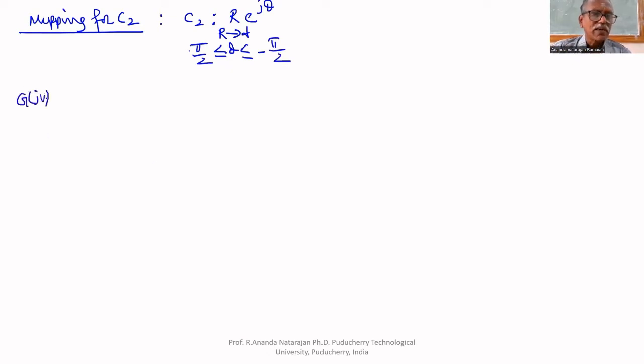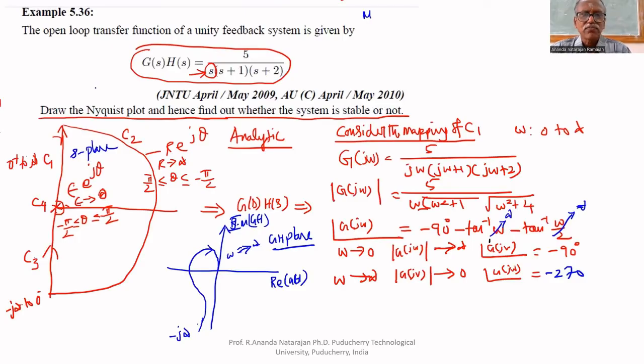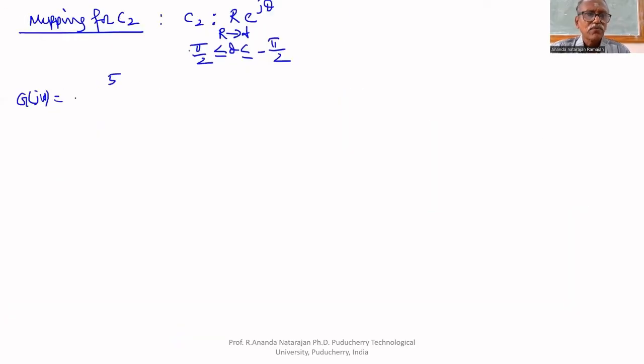G equal to 5 upon s, that is R e power j theta, R e power j theta plus 1, R e power j theta plus 2.